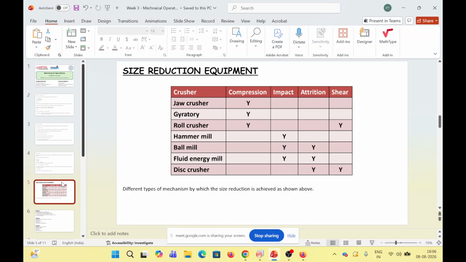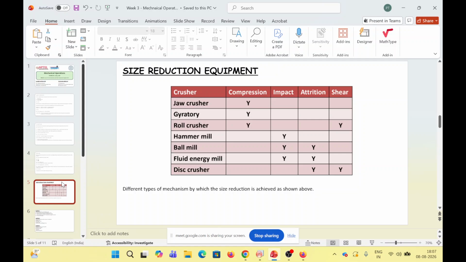When it rotates, the feed material is subjected to both shear as well as impact forces. At low speed, this ball mill rotates.